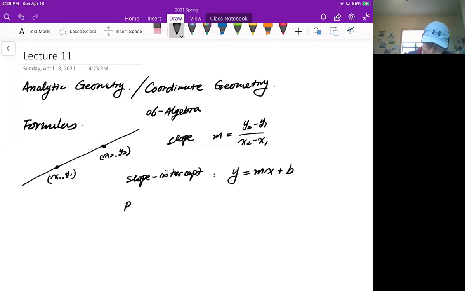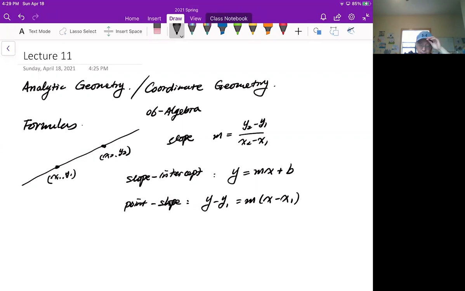And also we have the point-slope formula. This is y minus y1 equals m times x minus x1. Let's use x1, we don't need the 2 here.